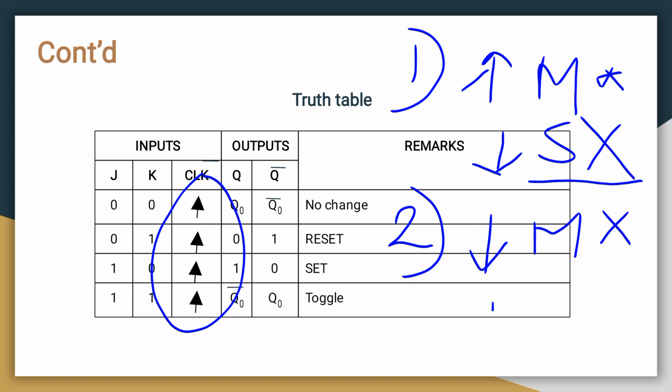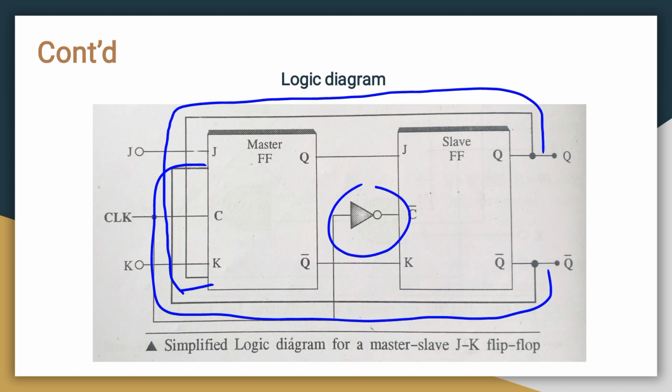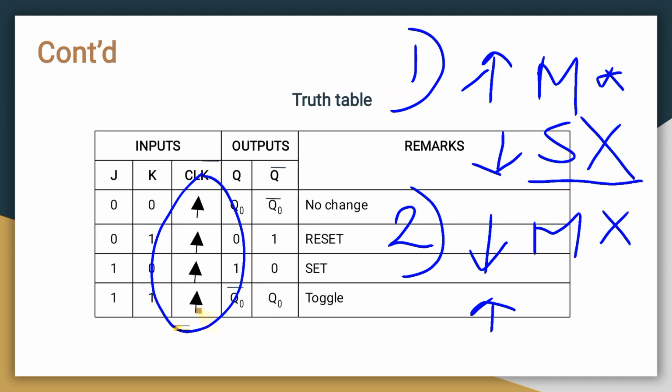But for the slave, this falling edge is converted to a rising edge because there is a NOT gate, right? See here we have the NOT gate. A rising edge is converted to a falling edge, and a falling edge is converted to a rising edge. Now the slave is activated. Clear? By this the truth table works in the individual conditions. So this is about the master slave JK flip-flop.